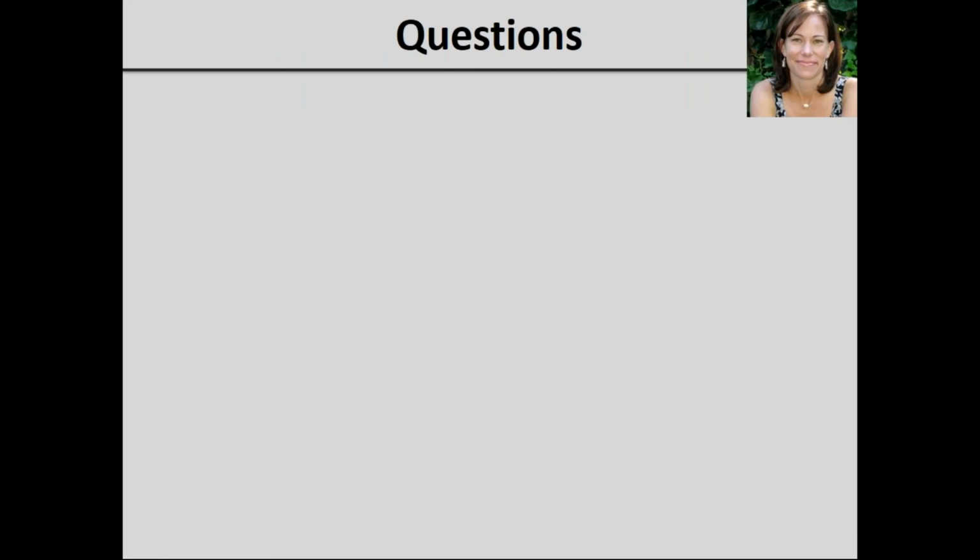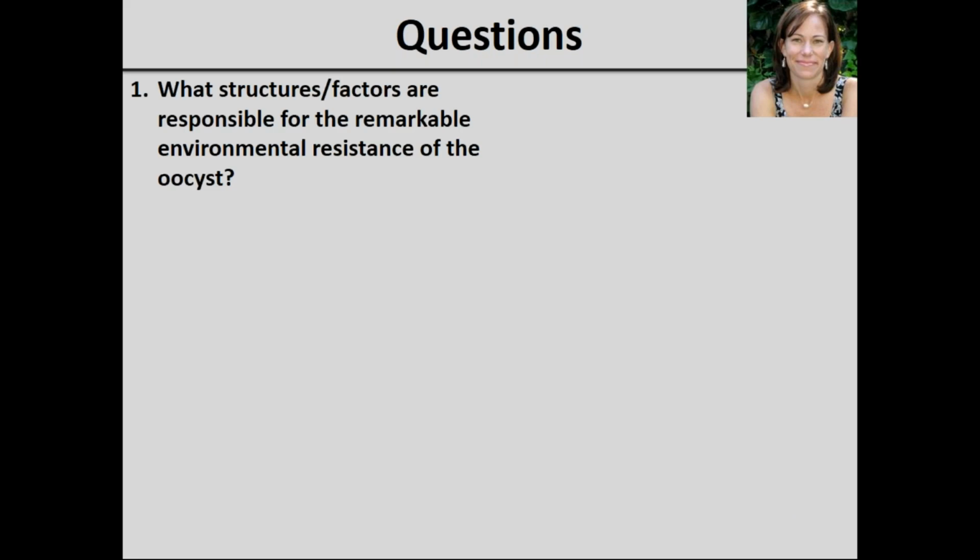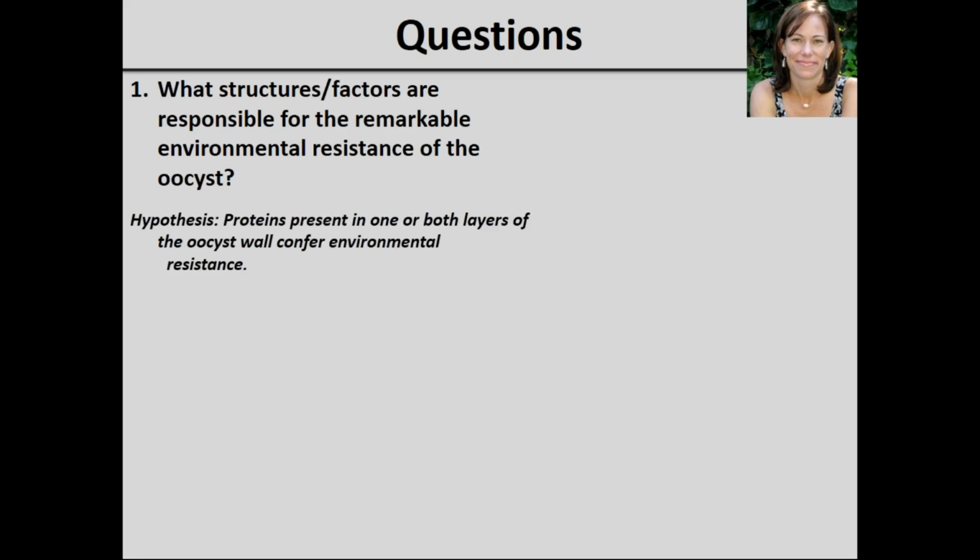The next section of this work that I'll present is the research that I did during my PhD. My questions were, 1, what structures or factors are responsible for the remarkable environmental resistance of the oocyst? My hypothesis was that there are proteins that are present in one or both layers of the oocyst wall that confer environmental resistance.